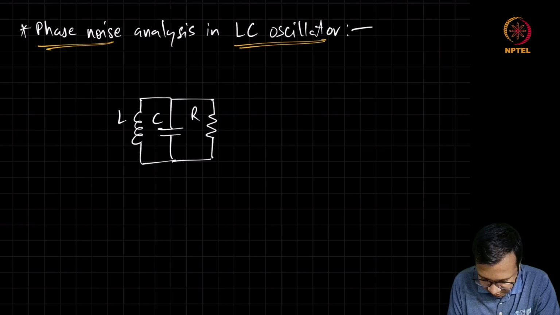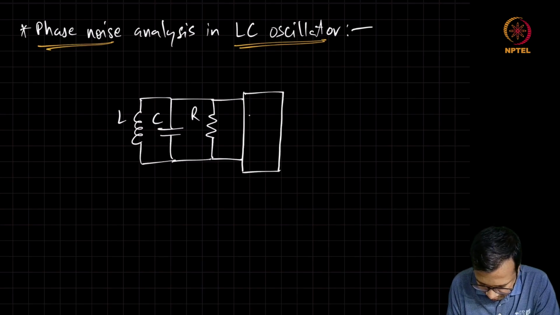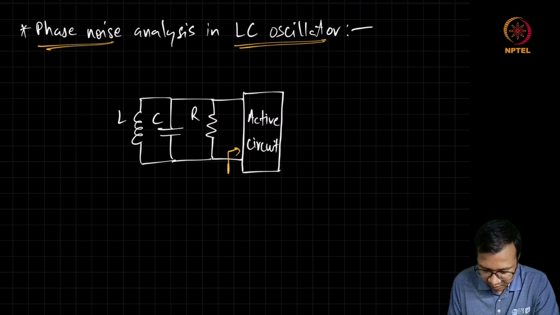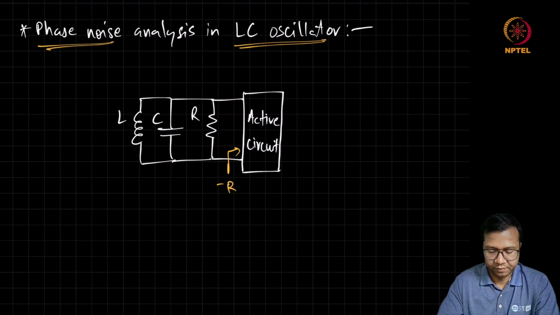And to compensate this loss, we connect some active circuit which has an effective resistance of -R.